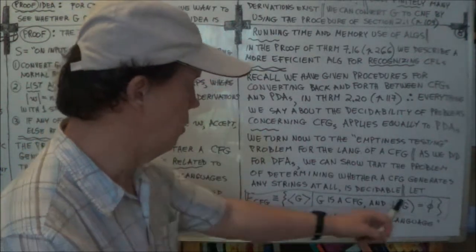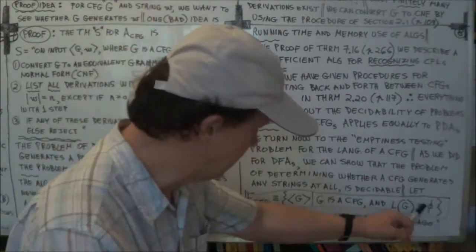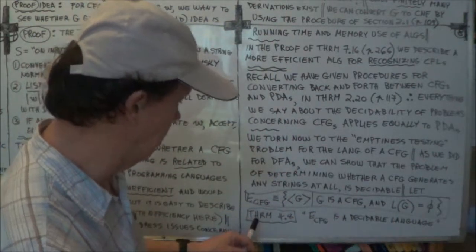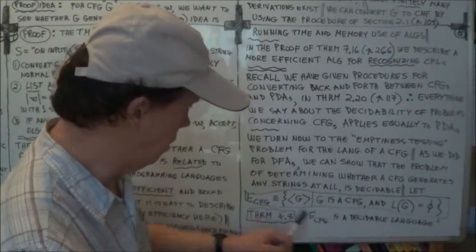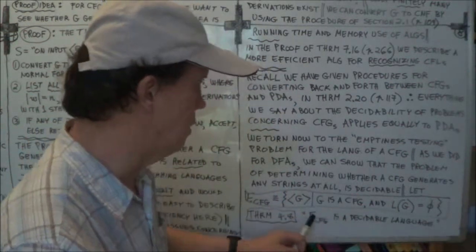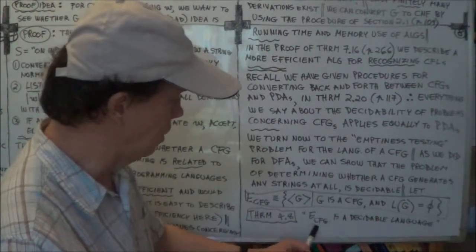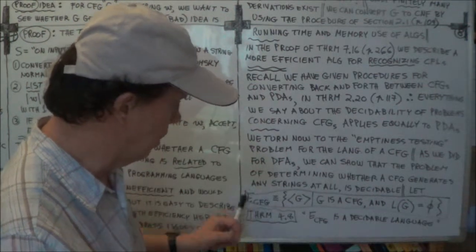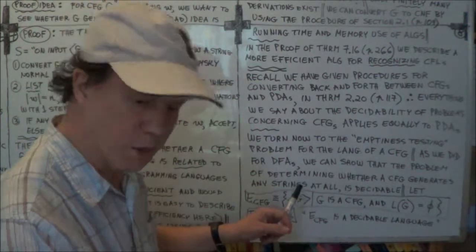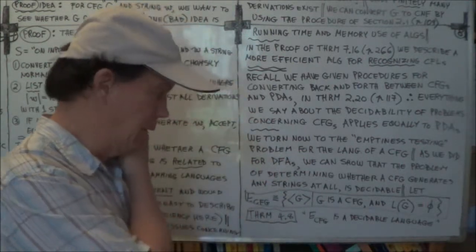So we need to find a Turing machine that decides that language, and that'll be theorem 4.8. Here's the theorem statement: this language is a decidable language. So we're going through this process many times. Each time we just change the language, and corresponding to the language there's a corresponding computational problem.